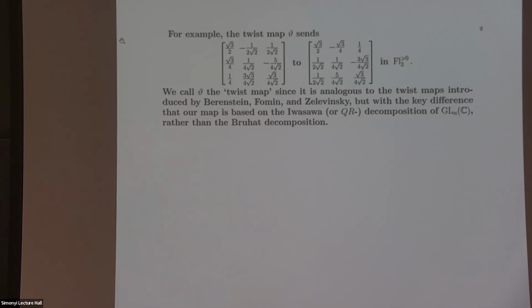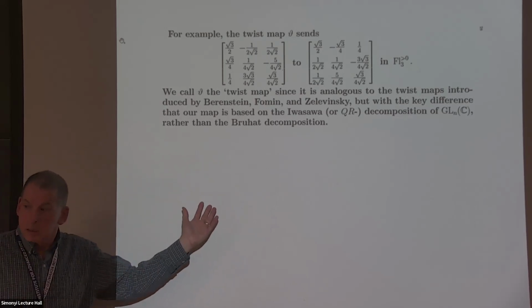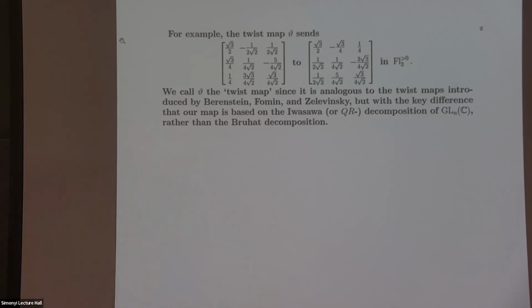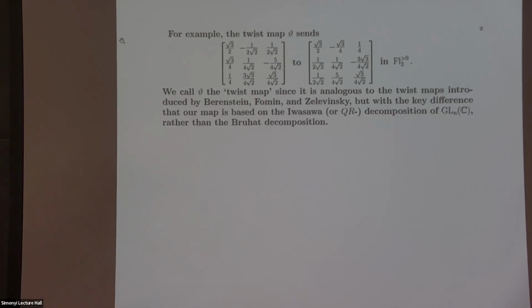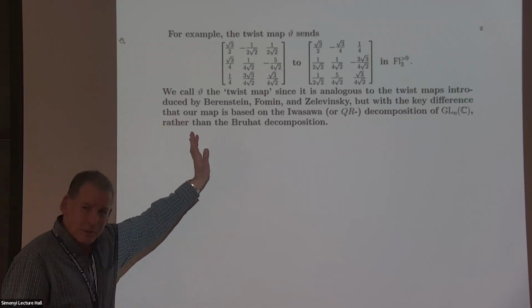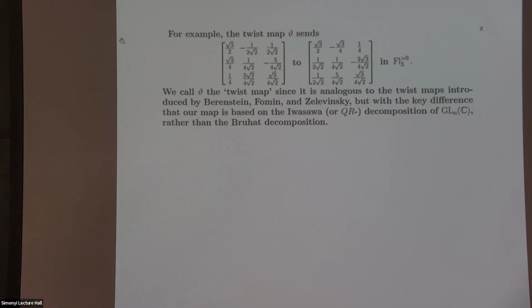To turn it into a good torus action, you have to apply this twist mapping. That's one reason. The other reason, as will become clear, is for the applications to total positivity. So it's to make it compatible with the geometry and dynamics, because otherwise the natural maps, the natural dynamics, give you the wrong thing.